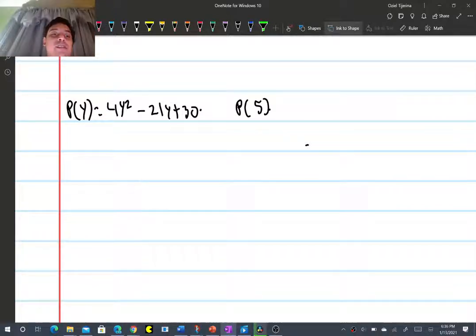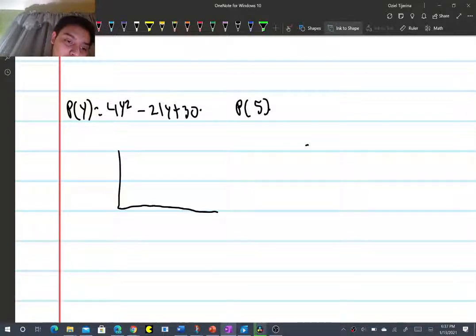Okay, using synthetic division. It's going to be the same exact thing that we've been doing with synthetic division, but we're doing something different this time. We're evaluating a function and not actually doing a division.